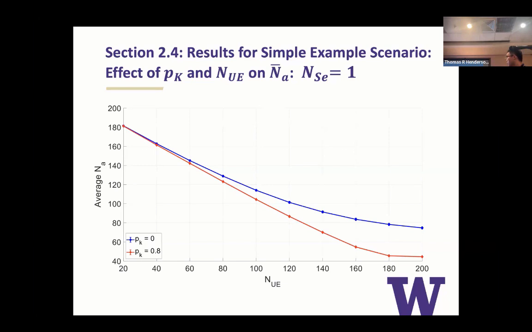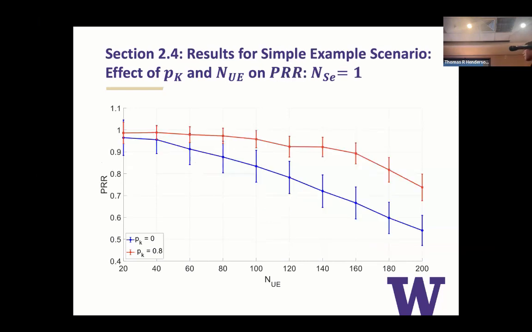But for PK equal to 0.8, if we have, say, 5 UEs colliding with each other, and each collision only involves 2 UEs, there will be 95 plus 2.5, so 97.5 PRBs occupied. So when we use the total PRB minus the occupied PRB, we can say that the average NA with PK equal to 0.8 will be less than that with PK equal to 0.